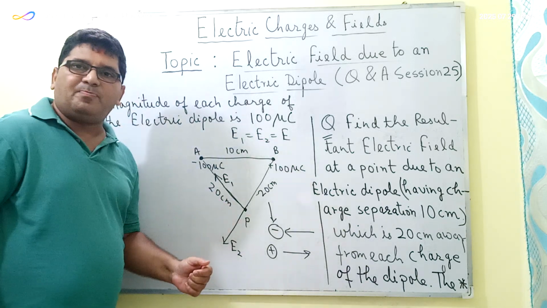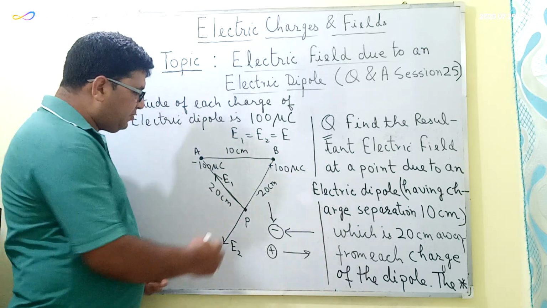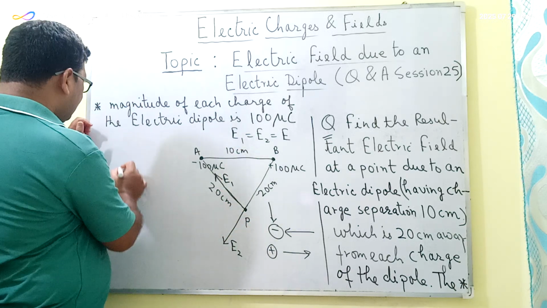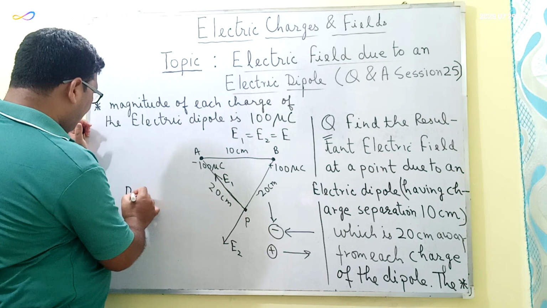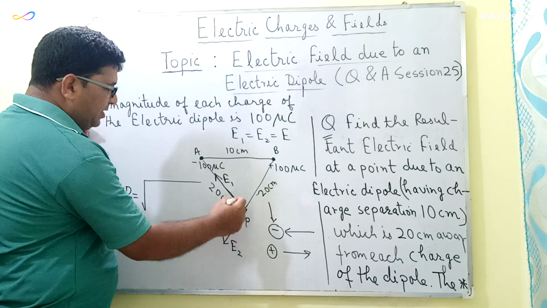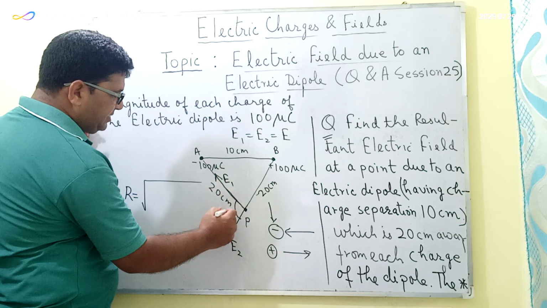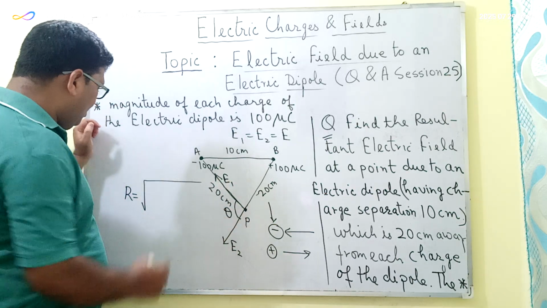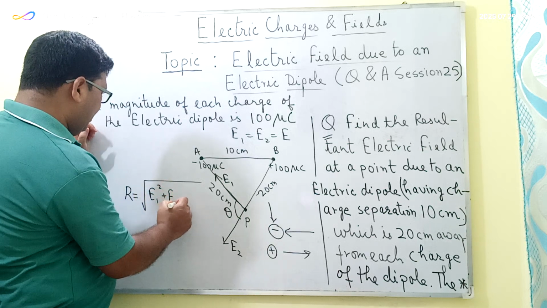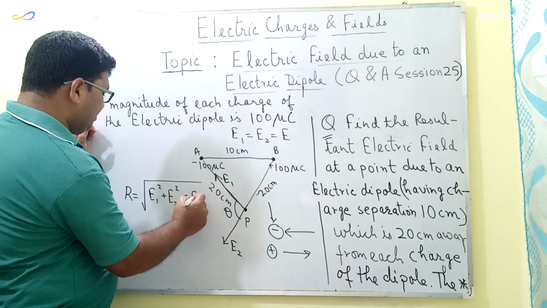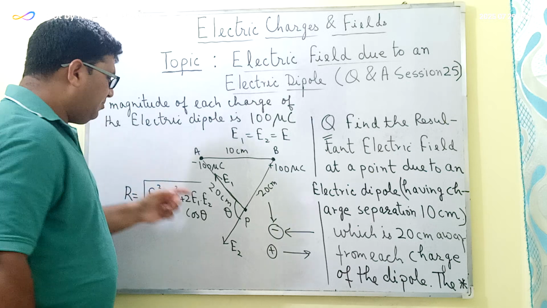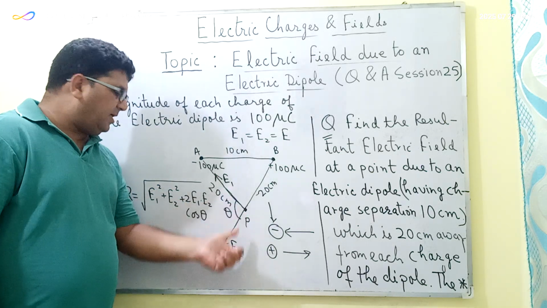Now we will be using the parallelogram law of vector addition in order to find the resultant electrical field at this point P. So the resultant value R is equal to the square root of E1 square plus E2 square plus 2 times E1 E2 cos theta, where theta is the angle between E1 and E2.